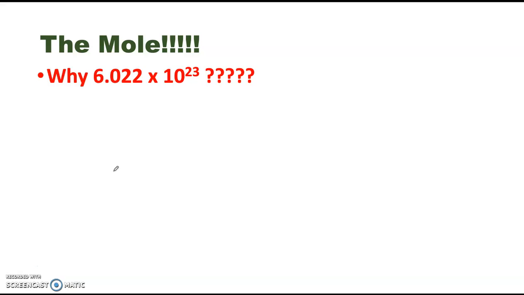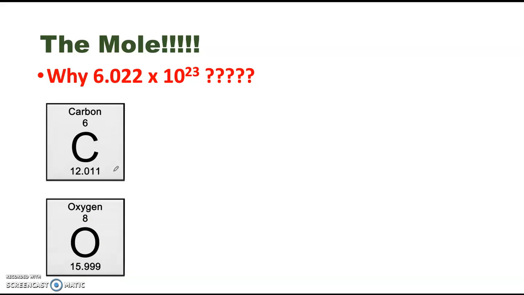Okay. Now, why 6.022 times 10 to the 23rd? Where does this number come from? I spent a little bit of time on this on that slide with the water, but I'm going to really hit it hard on this slide. So we're going to take two different elements, carbon and oxygen. Let's say we have a single atom of each.